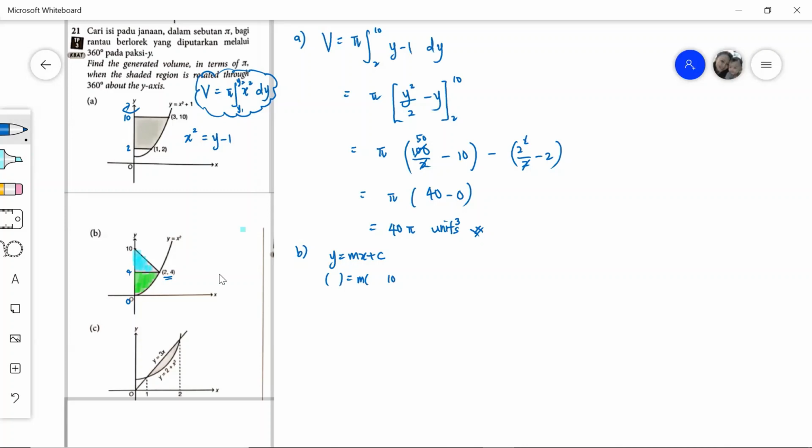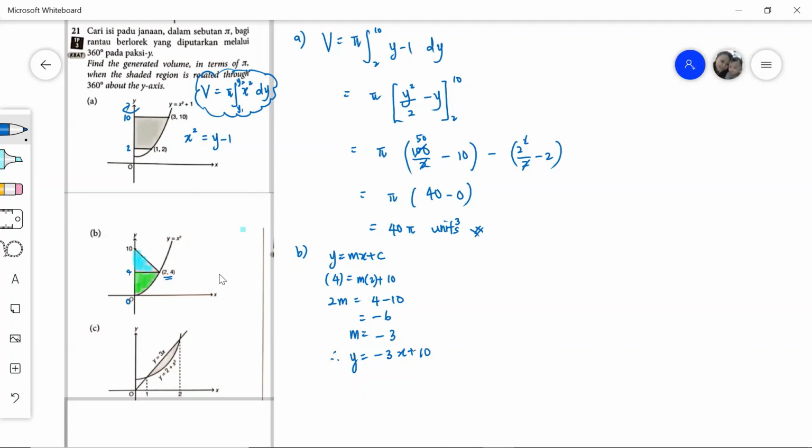X is 2, y is 4, plus 10. Therefore, 2m equals 4 minus 10, negative 6. Therefore, m equals negative 3. So we found the linear function, which is y equals negative 3x plus 10.